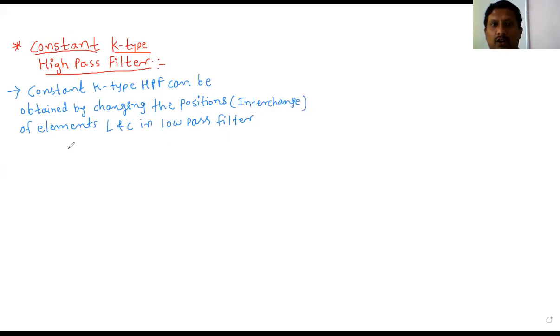Interchange the positions of elements L and C in the low-pass filter so that you can get the constant K-type high-pass filter. So I will draw the diagram, T section and pi section.